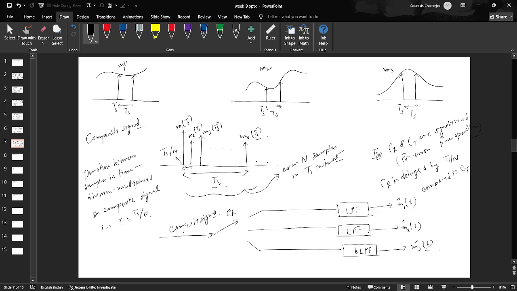On top of that it transmits something called a synchronization pulse, which doesn't carry useful information, so that is not counted as part of your data, but it contains something very useful, synchronization related information. So this is why the CR is delayed by Ts over N, because it has to ignore the synchronization pulse.